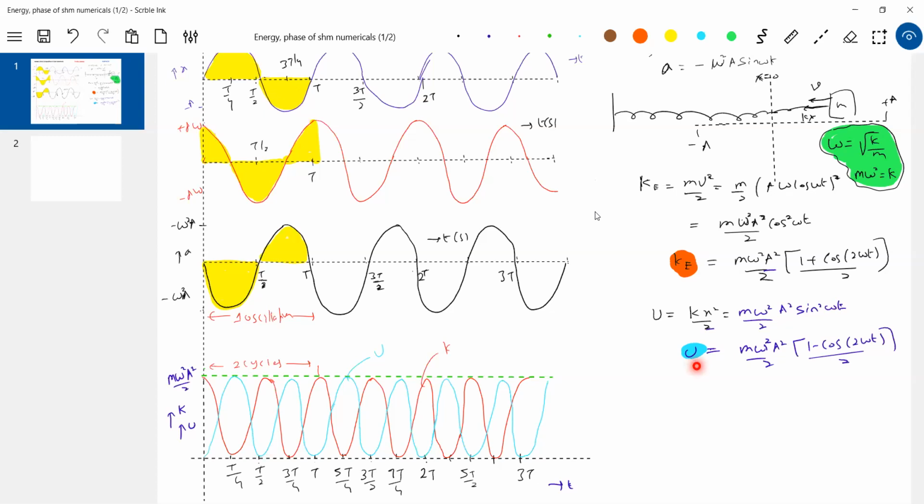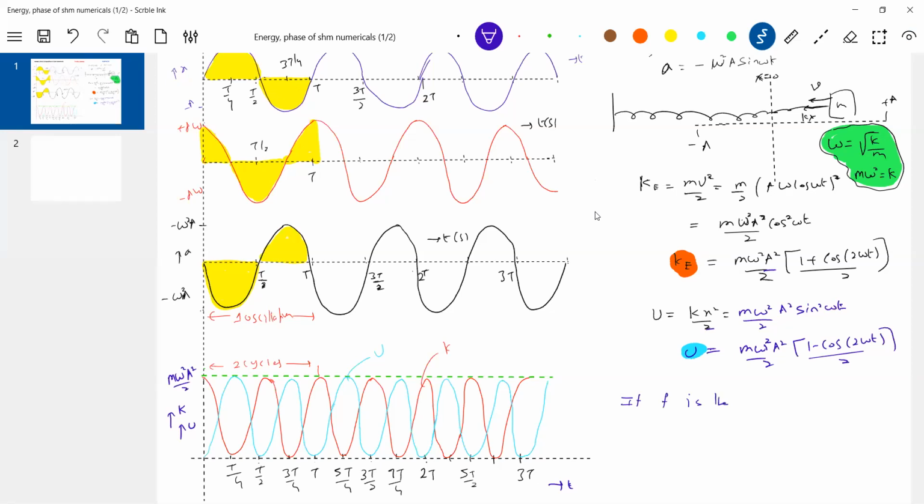Or shall I say, what is the frequency at which kinetic energy and potential energy vary? Twice the oscillation frequency. If f is the frequency of oscillation of the block, what will be the frequency of kinetic energy or potential energy variation? It will be 2f. This is what I'm going to conclude here.